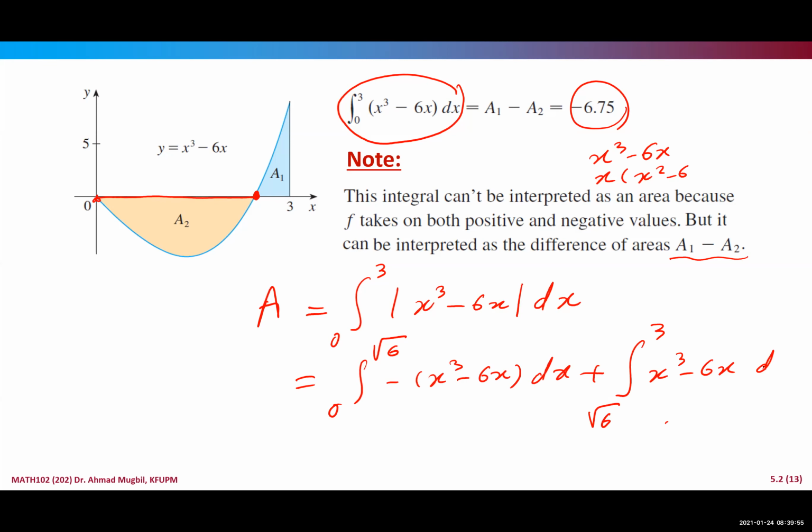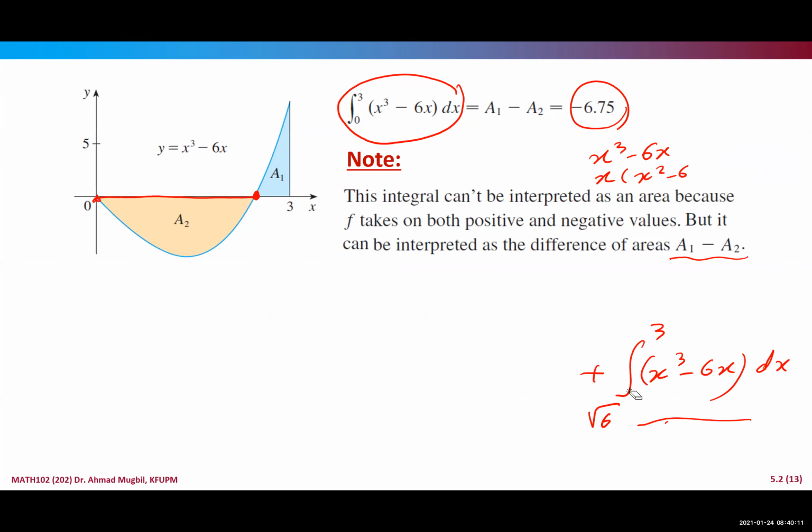It is positive. If you calculate this, it will give you the area, which will be, of course, the area here plus the area here. We will do that, Shabab, later, not now. This is not our subject in this section. We will focus on it later, I think, in sections 5.5 and 5.4.